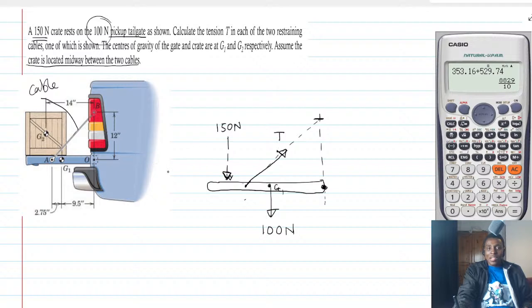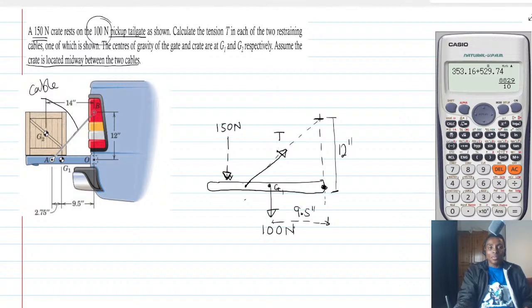Okay. Now the distance all the way from here. Let's add the distance. So the distance from here to here is 12 inches. And then the distance from here, all the way here, is 9.5 inches.